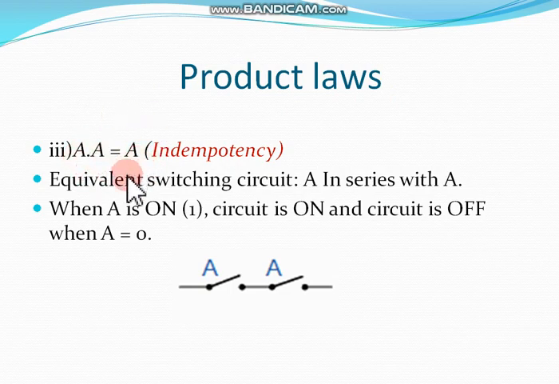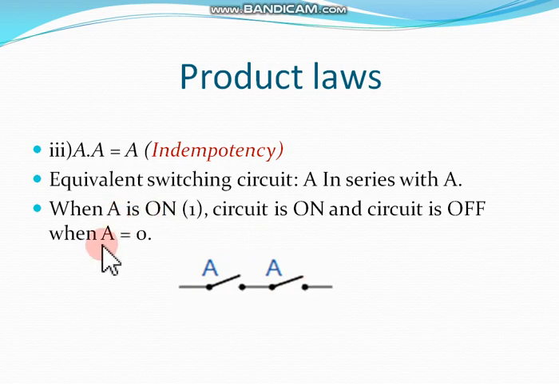And then look at the other one, which is A dot A is equal to A. Alright, so the equivalent switching circuit here is in series with A. Here we have both switches A, and it tells us that whatever condition A is in, it will carry the same value. So if A has the value of 1, the circuit will be on because the switches will be closed.